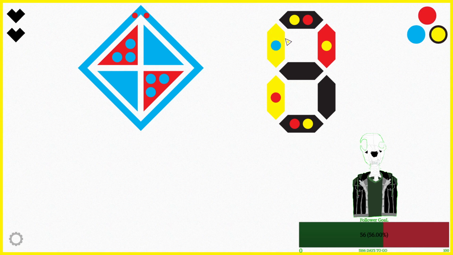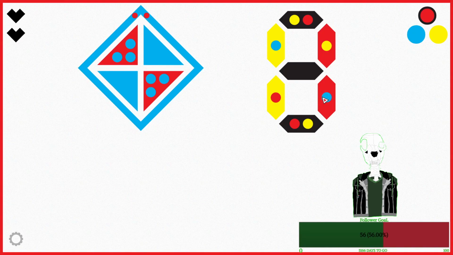C is yellow. We need red. So that has to be blue. Because they share it.